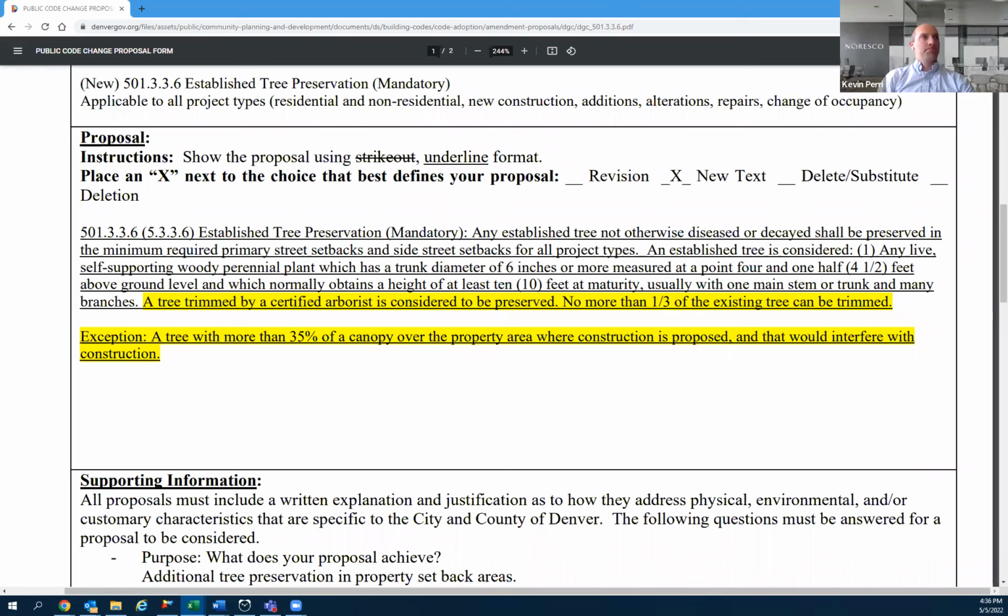Eric: Thank you, Mr. Moderator. To provide information to all of the committee with respect to the particular language in this proposal, we need to make sure that it's clear that while we are voting on green code provisions, there are other agencies within the city and county of Denver that have regulatory authority over trees.